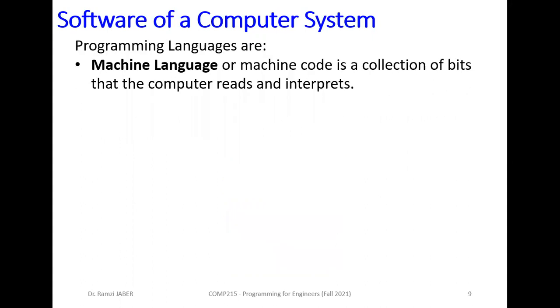Good. Now, about programming languages, we have machine language, an old programming language, starting with machine language or machine code. It's a collection of bits that the computer reads and interprets.